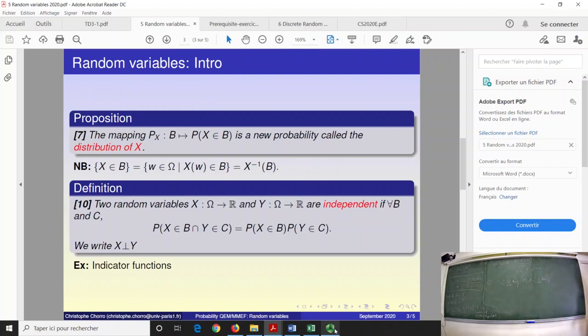The pre-image of the union is equal to the union of the pre-images. So I can write the thing this way. P of this one. And now I have to conclude. So here, I just use the definition of Px, the fact that the pre-image fulfills some good properties in relation with the union or the intersection. So I have this.